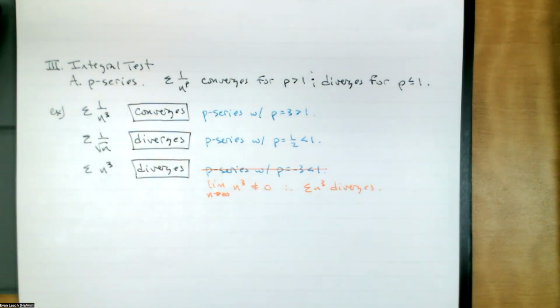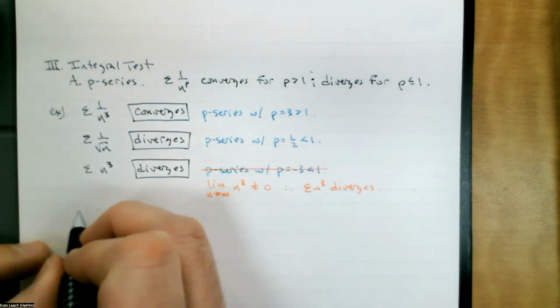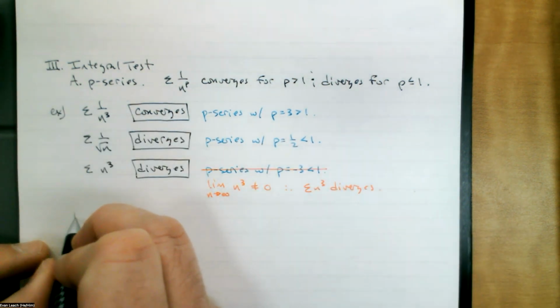The other thing that we can get from the integral test, we can't have 3a without a 3b, otherwise it would just be like 3. But I definitely want this to be like a corollary to the integral test.